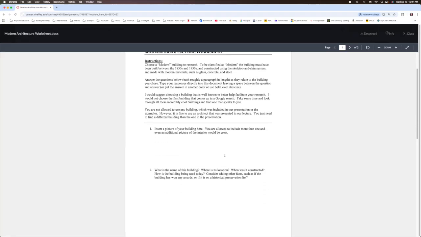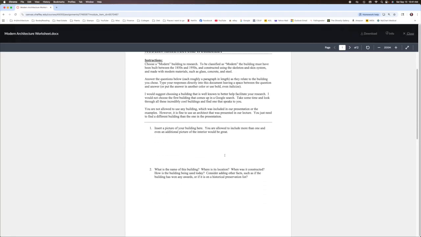You're going to choose a modern building, and after the lecture you'll learn that a modern building is made with materials such as steel, concrete, and glass. You're going to see that it's built between specific years, the 1850s to 1950s, and also utilizing the skeleton and skin system, and that'll all be explained in the lecture.